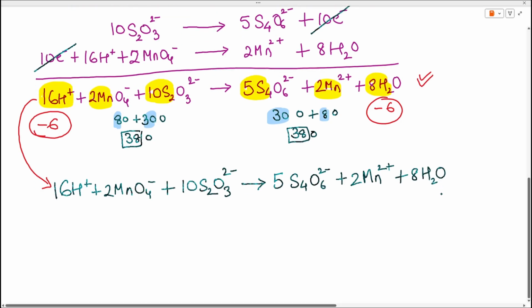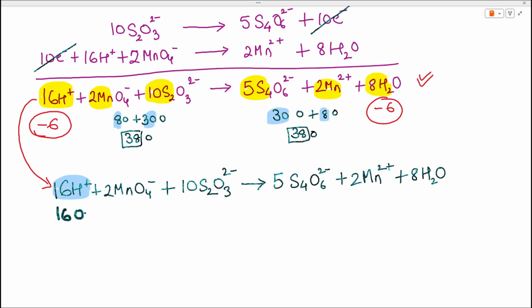Now, because we don't need these H positive ions, whatever number of H positive ions there are, the same number of OH negative ions we are going to add on both sides of the equation. So on the left hand side, I'm adding 16 OH negative, and on the right hand side also I'm adding 16 OH negative ions.